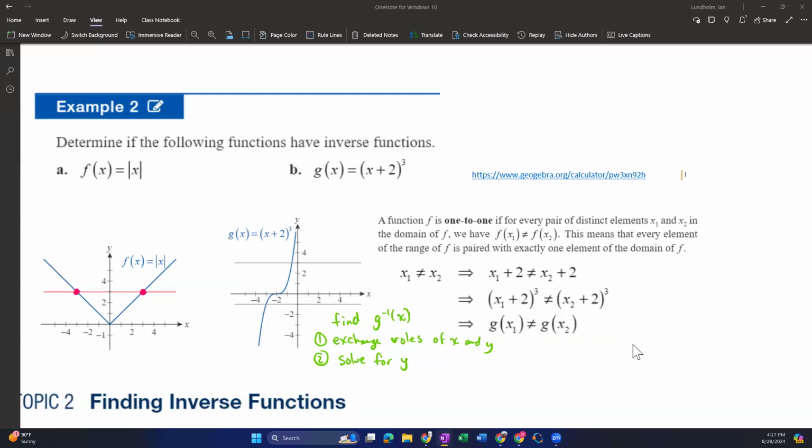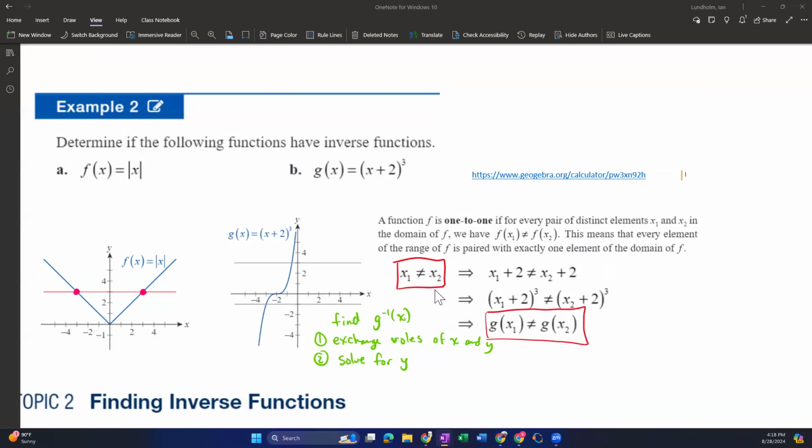The property of being one-to-one can sometimes, if you're doing more of a mathematical proof type of thing, be stated this way: if you have two different things in the domain and you put them through the function, it should imply that they are two different outputs in the range.